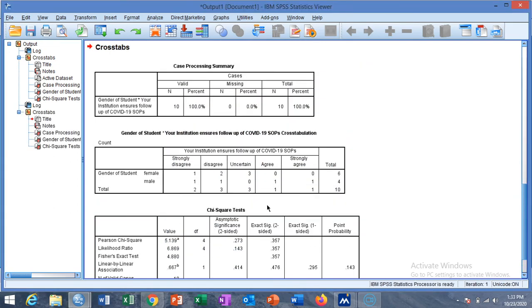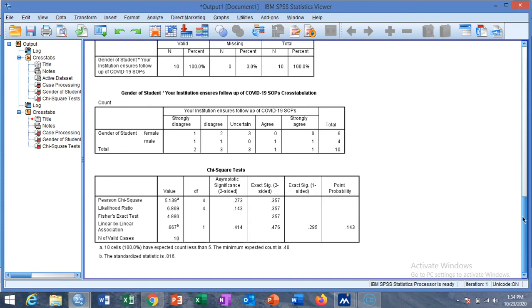You will see the result of chi-square test, as this is Pearson chi-square as we already saw, and this is Fisher exact test, which has a value of 4.88, and this also shows an insignificant association between the two attributes.